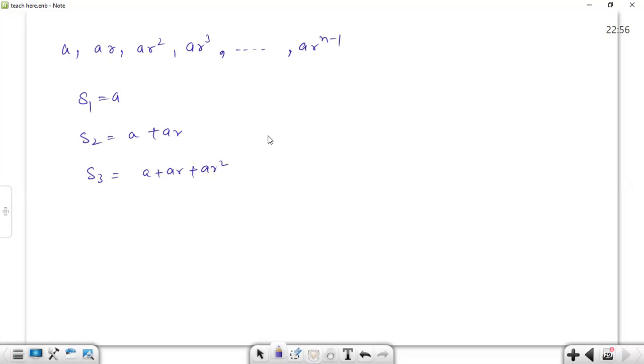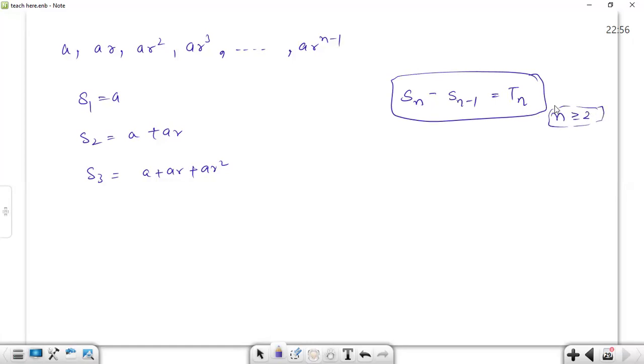Similarly, the sum of n terms, if we subtract from it the sum of n minus 1 terms, will give us the nth term, provided that n is greater than 1. That means n can be 2 or greater than 2. This is the condition for it. Anyways, if we observe it, taking A common, this becomes 1 plus R. Taking A common here once again, this time it will become 1 plus R square.